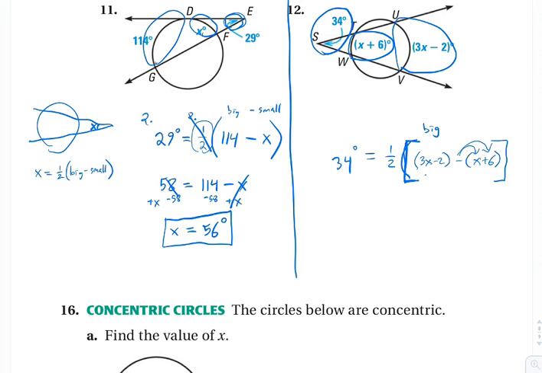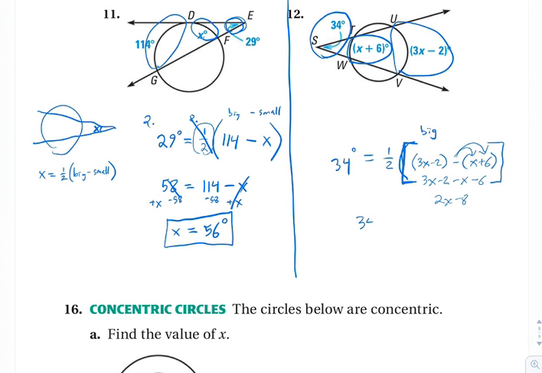Okay, so this inside the parentheses becomes 3x minus 2 minus x minus 6, or 2x minus 8. Okay, so writing that down here, I've got 34 equals 1/2, switching to round parentheses, 2x minus 8. Okay, now in this case, I'm going to distribute in the 1/2 just to be a little different than the last time, and because both of these numbers are even.